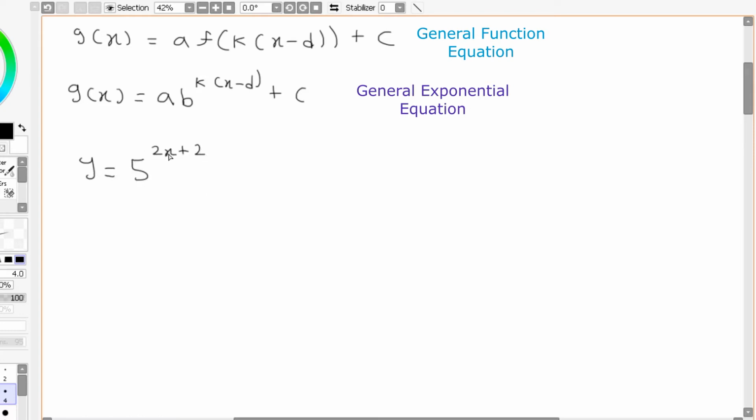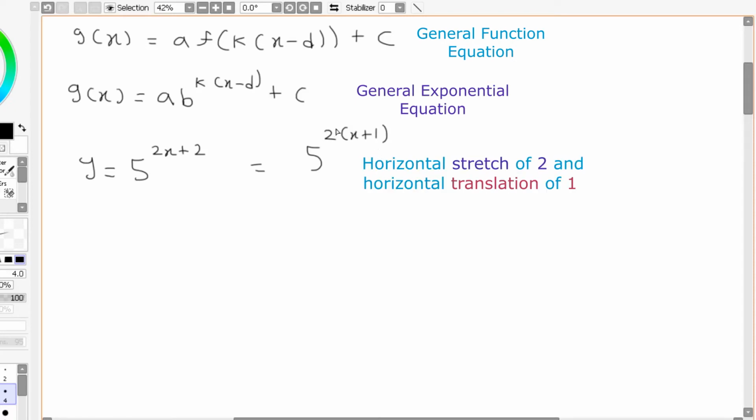It doesn't really look like the standard k times x minus d, not really. But you can factor it to make it look like this: 5 to the power of 2 factored out, x plus 1. With that, it is easier to see that you have a horizontal stretch of 2 and a horizontal translation of 1, because now it follows this kind of pattern.